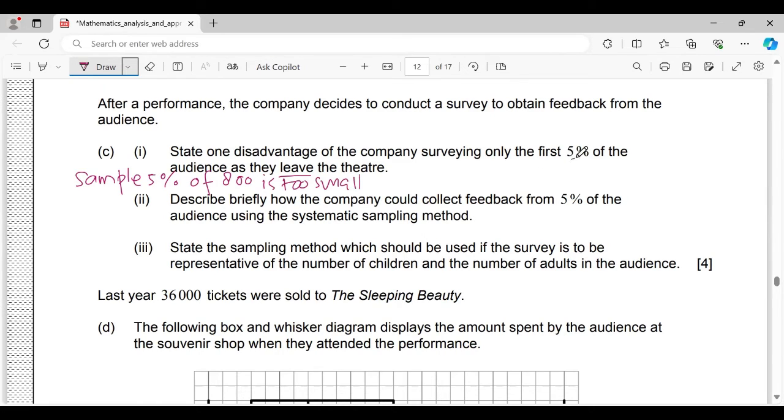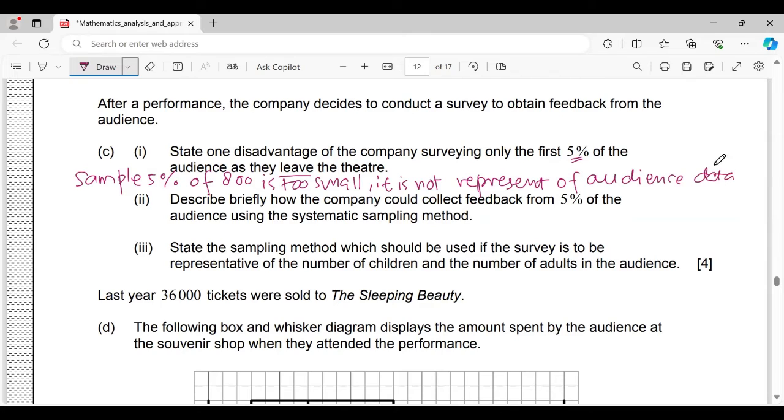So 5% is too small. So it does not represent the audience.